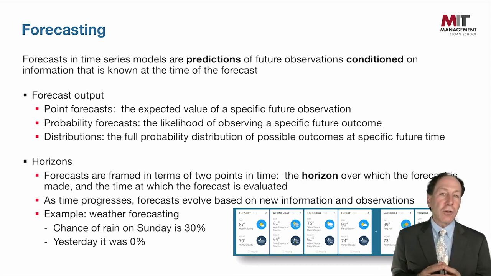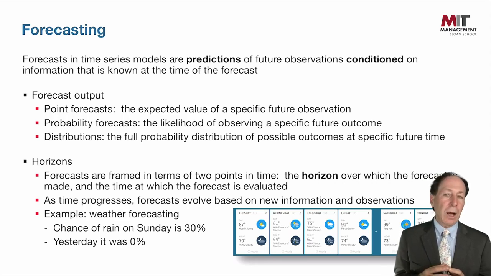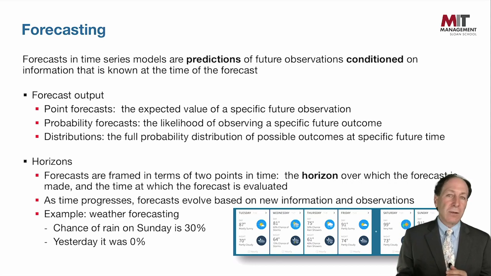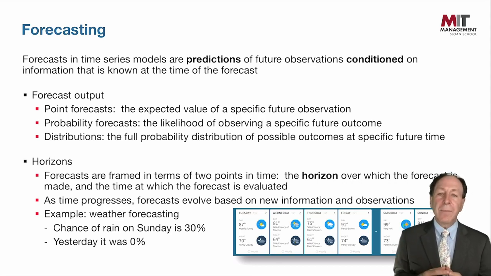Clearly, we can't judge the quality of a forecast until that date passes, and then we can compare our predictions with the subsequent observations. So we usually think of a horizon, and as time progresses between now and the horizon, unless the horizon is 5 minutes from now or the next day, if there are multiple steps in which we could update our horizons based on new information evolving, the forecast could change.